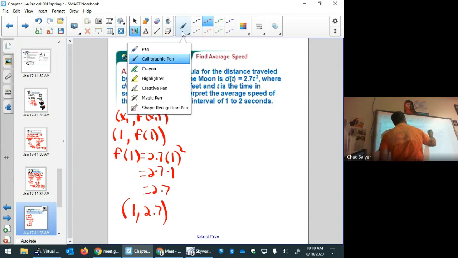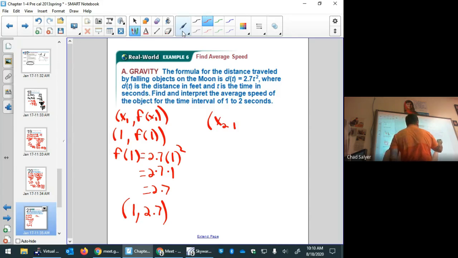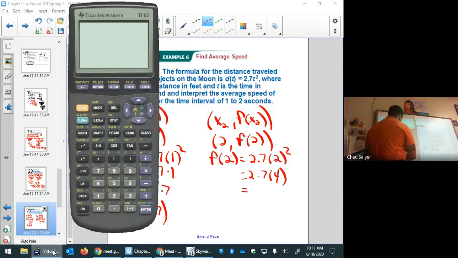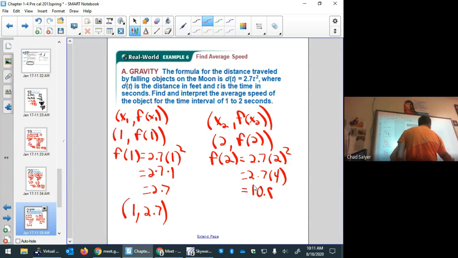Now we're going to find x sub 2 and f of x sub 2. So that's 2, f of 2. And then f of 2 is equal to 2.7 times 2 squared, which is 2.7 times 4. And that's 10.8. So our point is 2, 10.8.